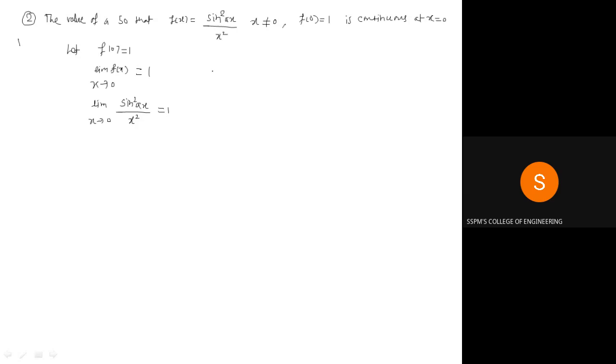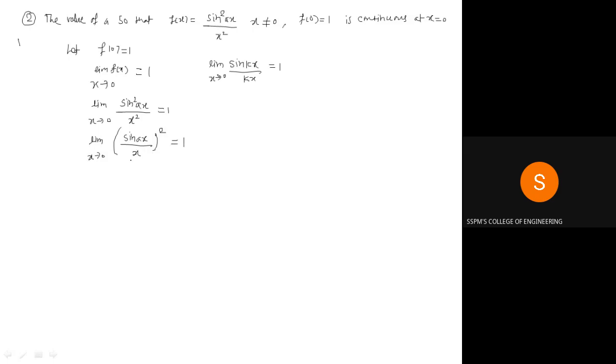You know the result of the limit: sin kx upon kx as x tends to 0 is 1. In this case, there is a square term, so we express it as the limit as x tends to 0 of sin x upon x, whole square, which is equal to 1.